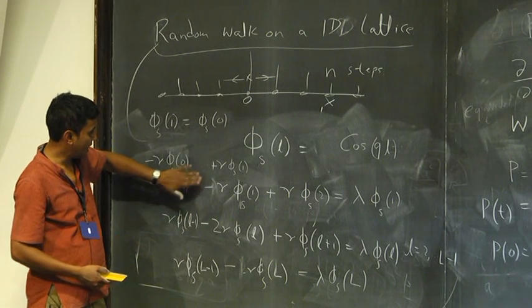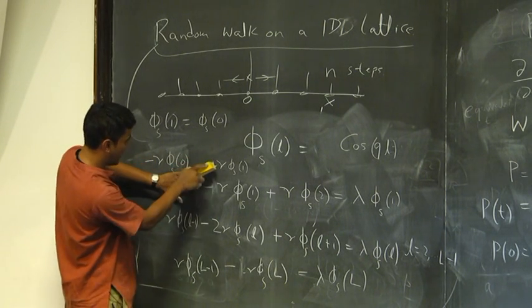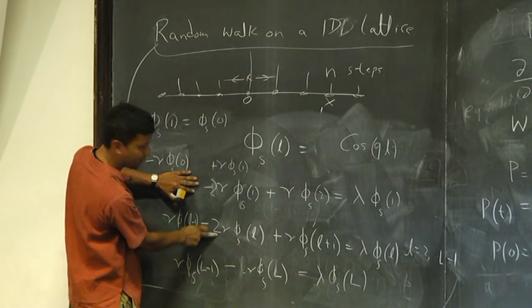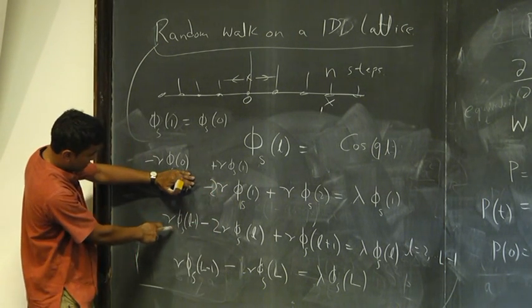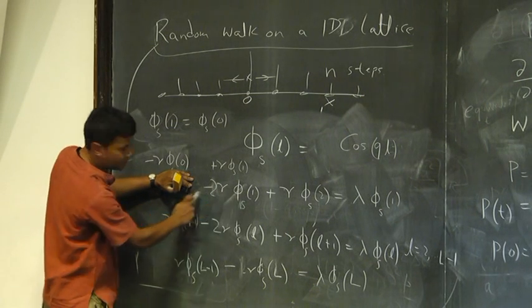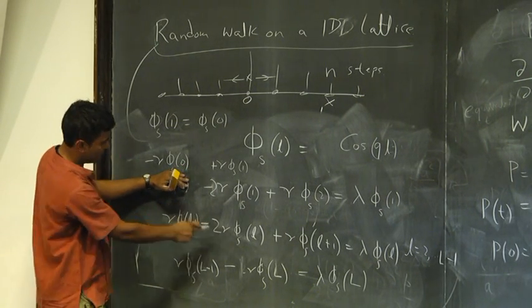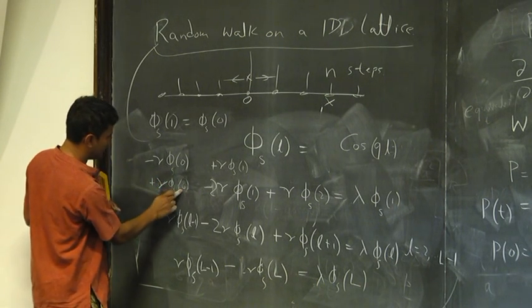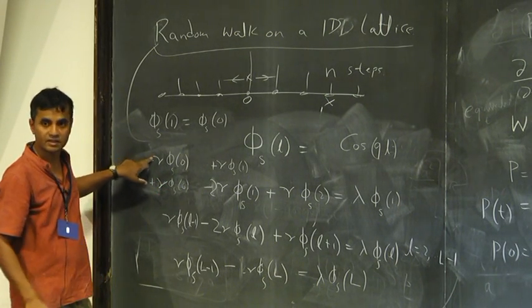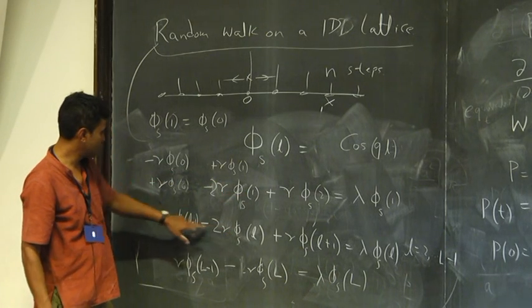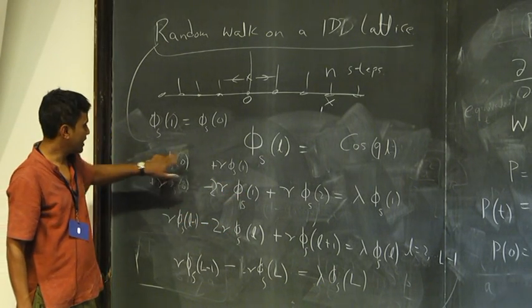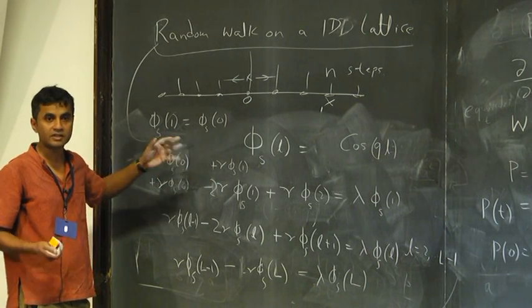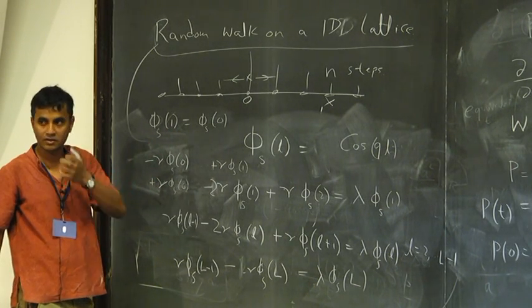So I add plus r and write minus 2r, then this one looks like this. And here also I had this term. So L minus 1 means 1 minus 1, 0. So here I put r phi s0, and I also subtract this. Now this looks like this, but the extra terms that I have added must be 0. That actually decides my boundary condition.